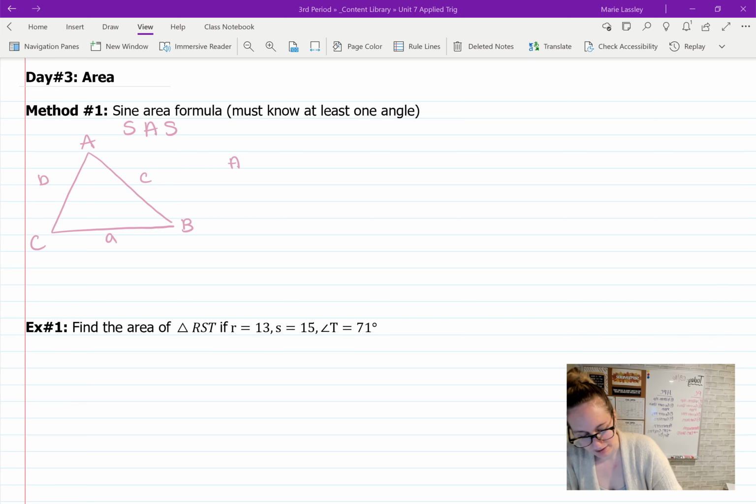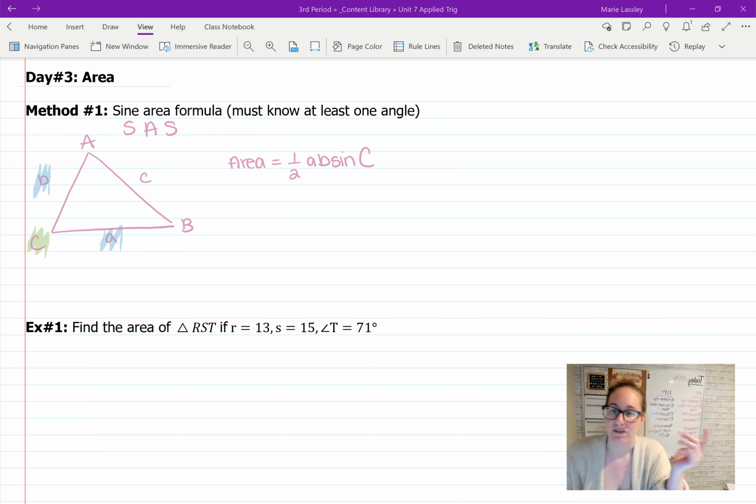Area equals 1/2 side A times side B times the sine of angle C. So you have this side, this side, and this angle. See how all three of them are right there next to each other? We call it adjacent. They're touching each other.